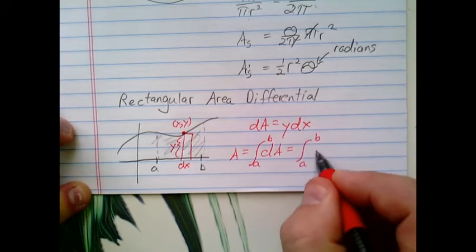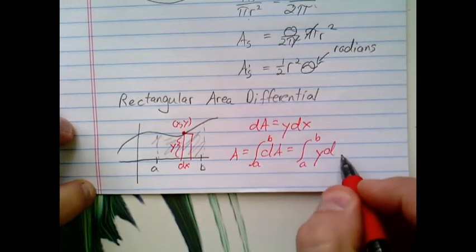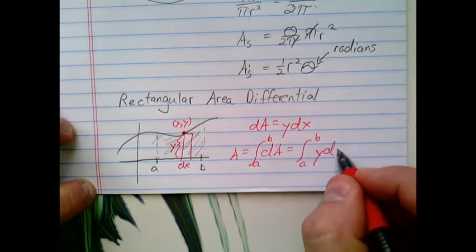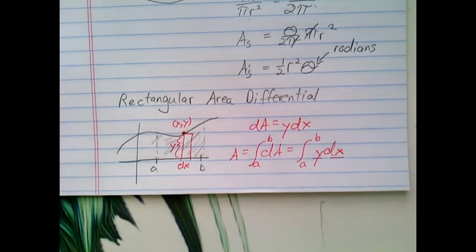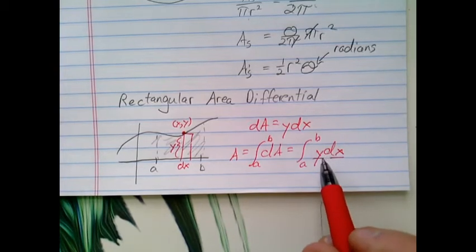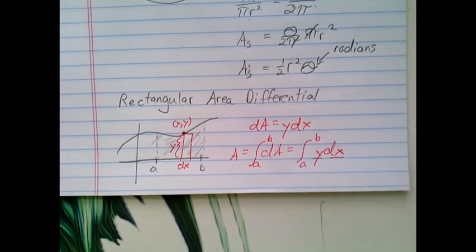But the area differential, since it represents the area of one rectangle, is just a height times a width, y dx, or sometimes we say f of x dx. That's our basic setup for an area finding integral when we're using rectangular coordinates.